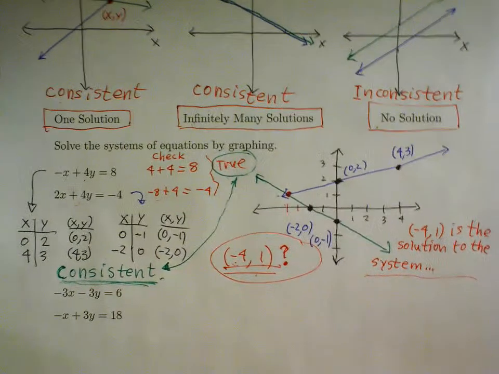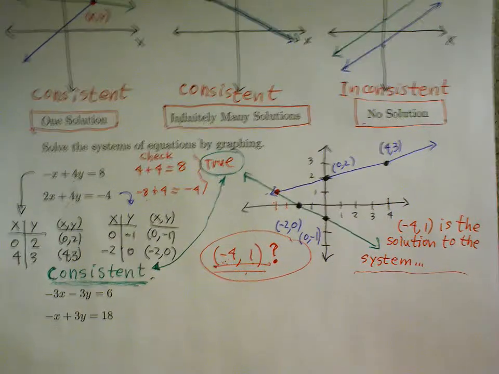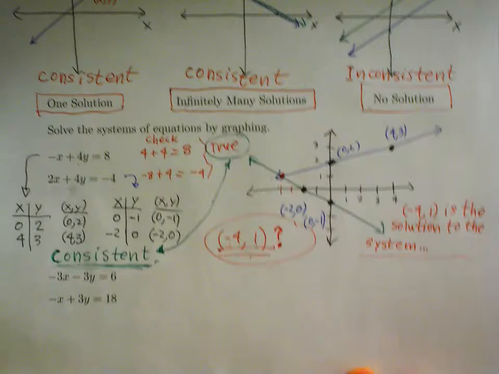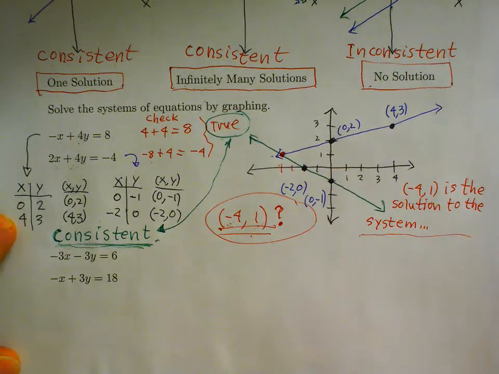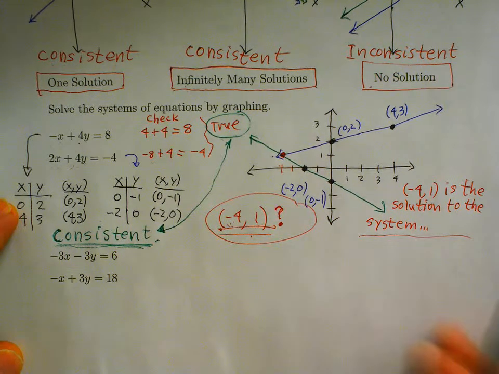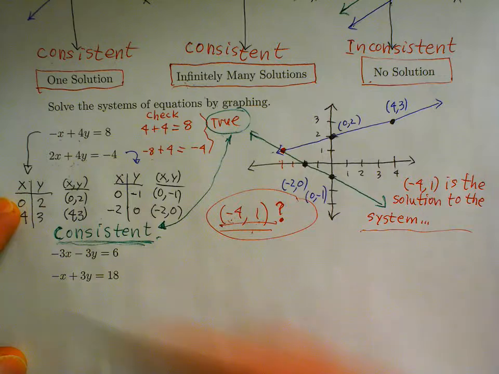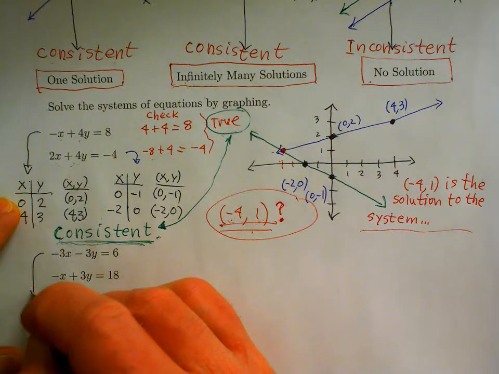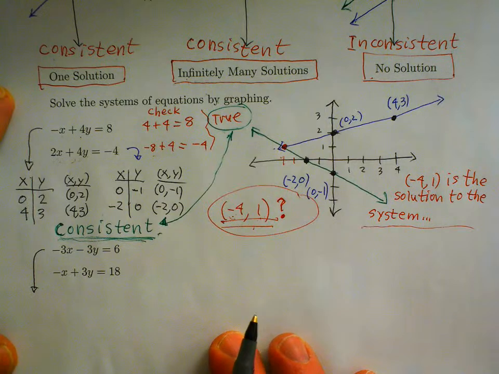Let's solve this by graphing. So this time, before drawing the graph, I'm going to first find 2 ordered pairs of points that are on the top line.